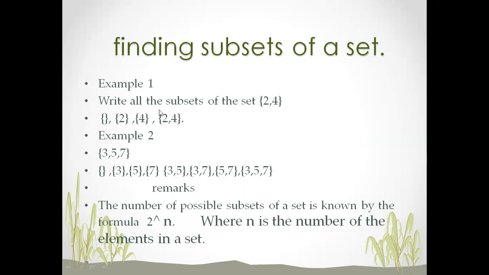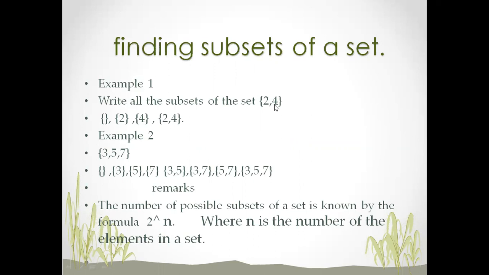When we separate its elements in the form of {2} and {4}, you see, 2 belongs to this collection, so that's why {2} is a subset of this set. 4 belongs to this collection, and that's why {4} is a subset of this set. This is our main set, or father set, and these are its subsets.